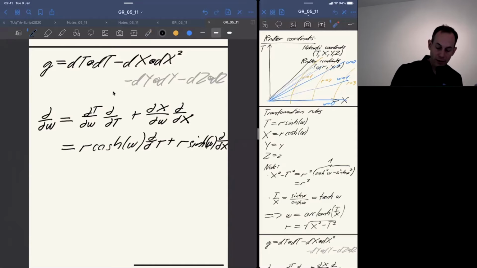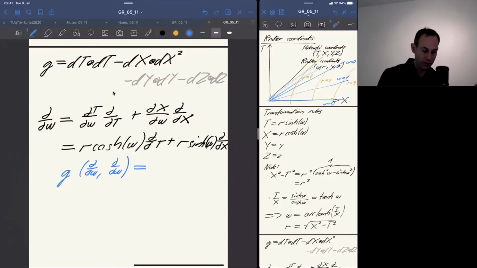Now, one thing that we will need, and let me still do that before the break, just as a remark, in another color here: the length of this vector with regards to the metric is, of course, just r. I mean, the length squared is r squared. So how can I see that?